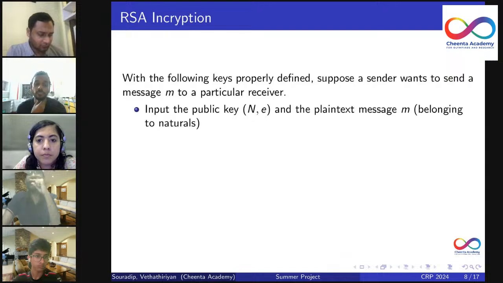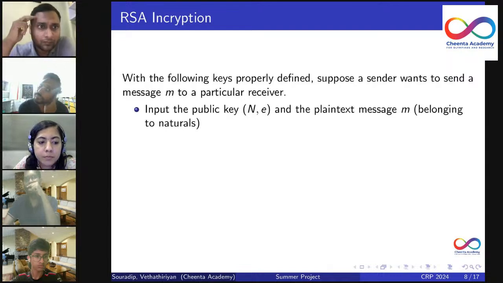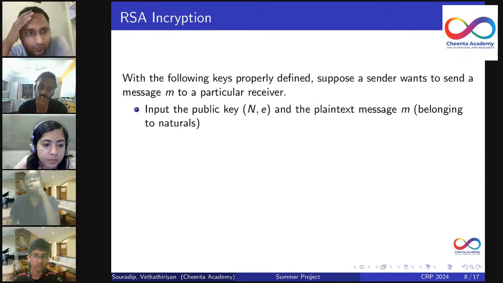Now, with the keys properly defined, suppose a sender wants to send a message m to a particular receiver. The sender takes the public key (N, e) and the message m. We take m to be any natural number, and of course m has to be much smaller than N, because we have already chosen the security parameter to be n and the primes to be n bits long.